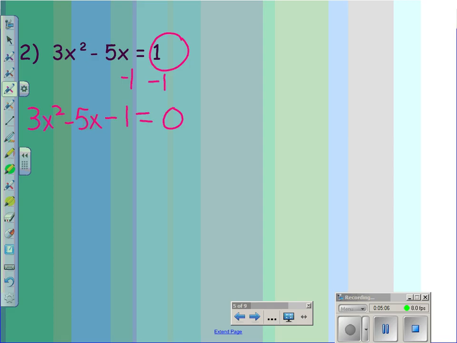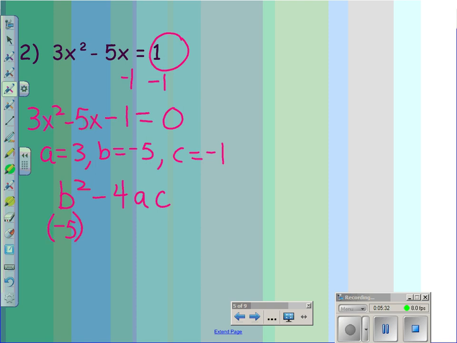From here, I want to pull out my a term, my b term, and my c term. And who remembers what the discriminant expression is? I bet you do. b squared minus 4ac. So we're going to substitute into the discriminant. We've got b is equal to -5, so all of b is squared.